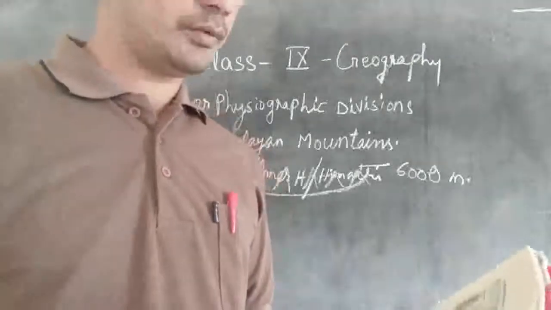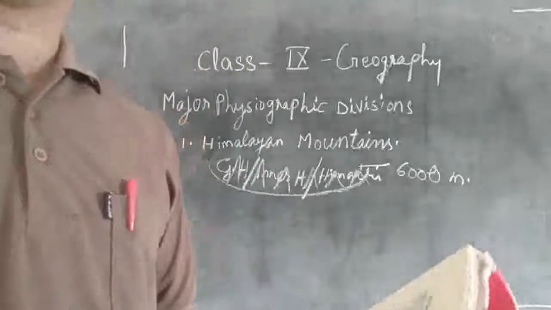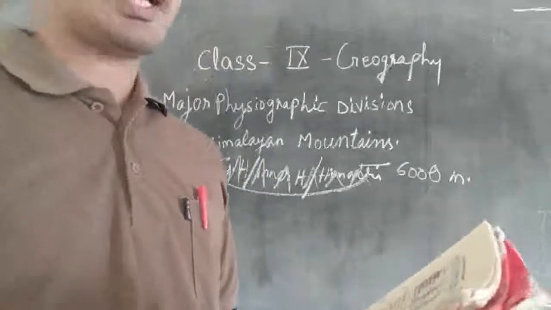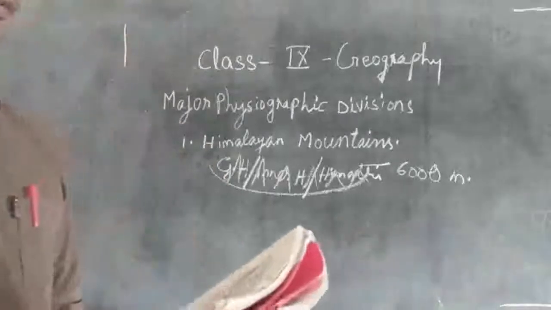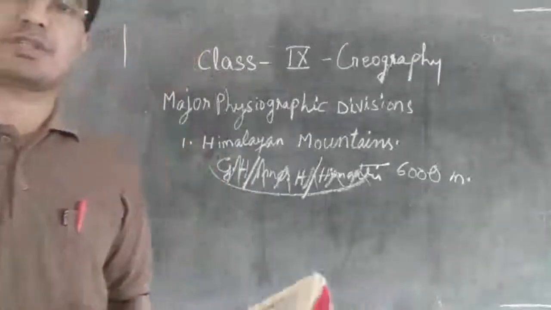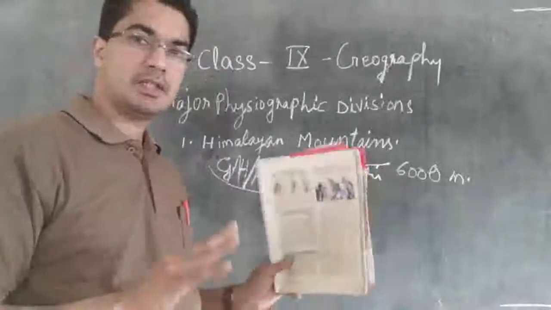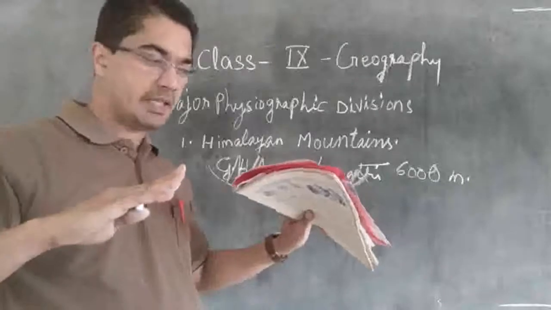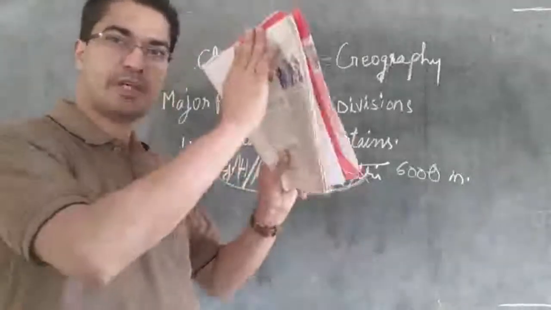And we'll continue. The folds of Great Himalayas are asymmetrical in nature. Asymmetrical means not the same. We said in the beginning that the Himalayan mountain was formed when two plates came and dashed together and bent up like this.